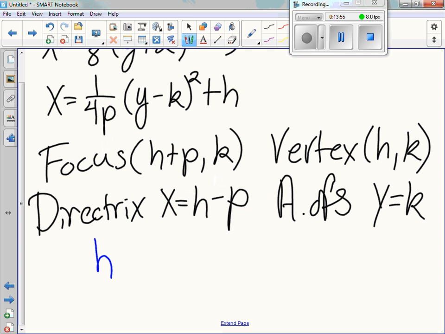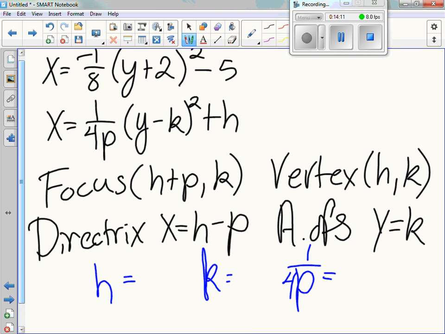Now let's see here, h, k, and p. Or we can say 1 over 4p. So do we know the value of h? It's -5 because h is outside the parentheses this time.